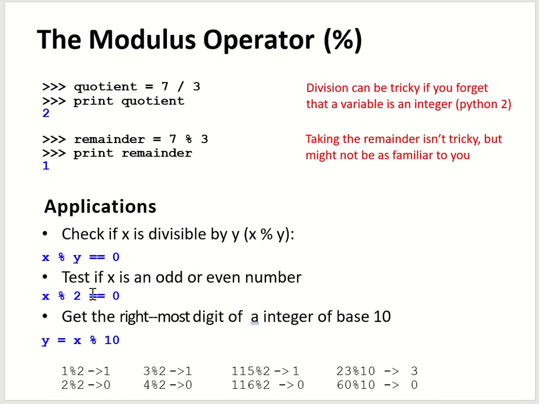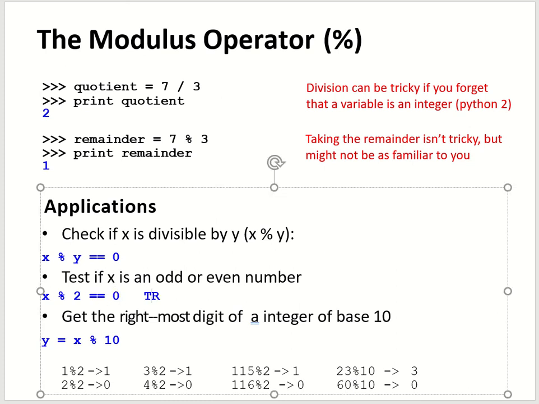Another way to use it, along with a relational operator, is to test if x is an odd or even number. So any number modulus 2, if it's an odd number, it will have an output of 1. If it's an even number, we'll have an output of 0. So if x is even, that statement will output true.